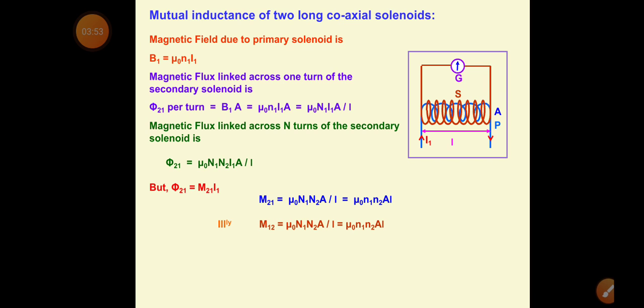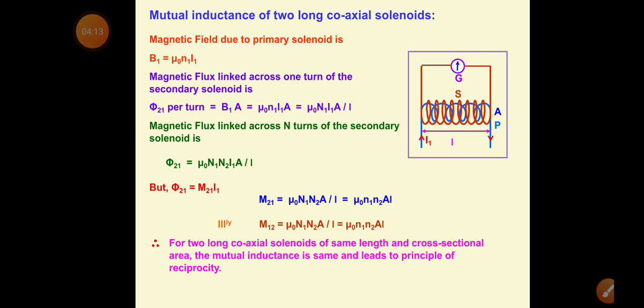M12 will be equal to mu 0 N1 N2 A upon L. So clearly again the coefficient of mutual induction depends on the medium, the number of turns and the dimensions of the two coils or two solenoids. So this is about the concept of mutual induction.